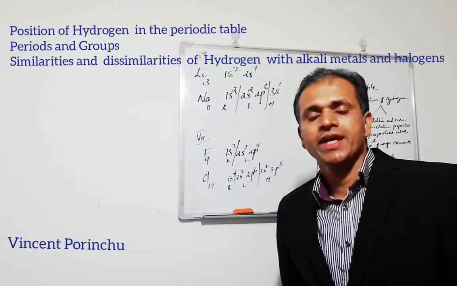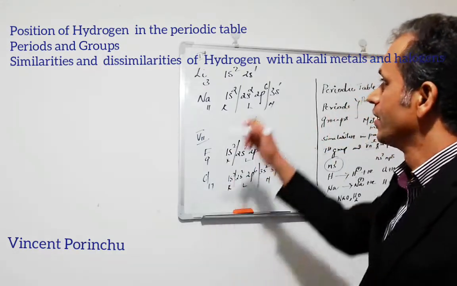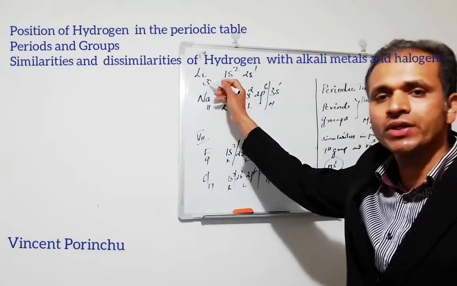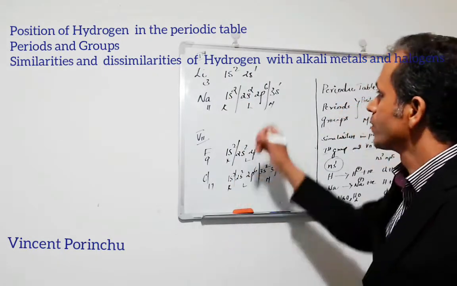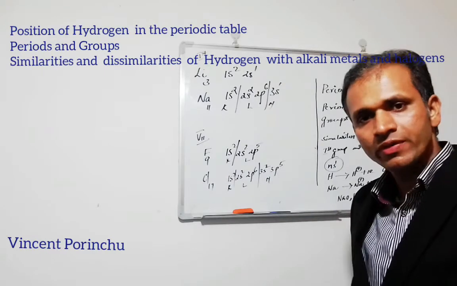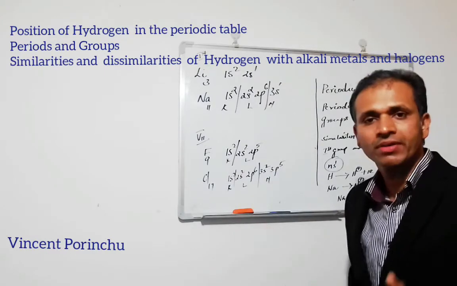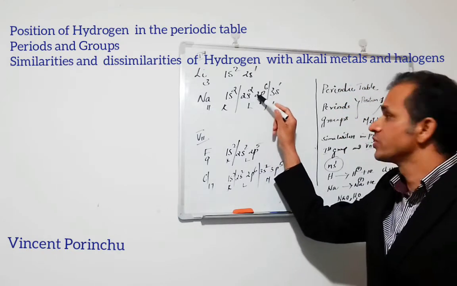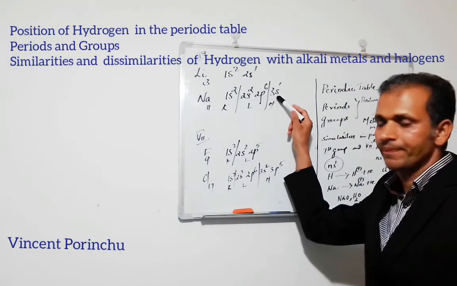When we take the electronic configuration of first group elements, lithium, atomic number 3, is 1s2, 2s1. For sodium, atomic number 11, we can write 1s2, 2s2, 2p6, 3s1.